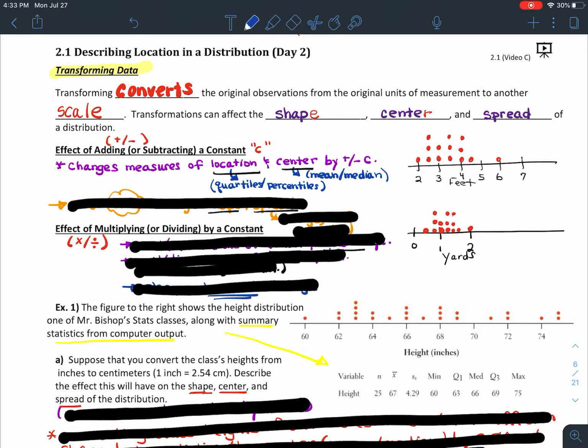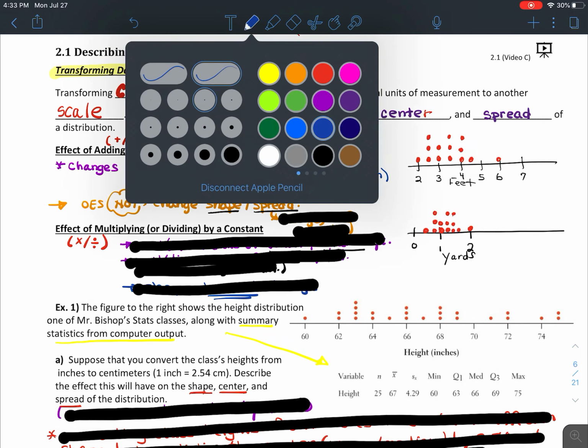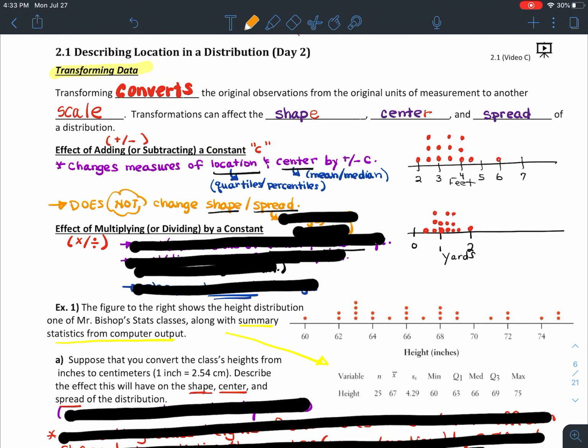Okay, and by measures of center, we are certainly referring to where the mean and the median would be. Okay, so before the curve, maybe the average score was an 88, but then after I add 5 points to everybody's score, now the average isn't an 88, it's now a 93. Okay, so it affects measures of location and measures of center if you add or subtract.